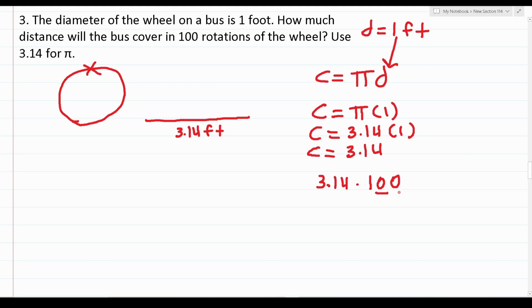Well, in 100, there are 2 zeros. So we're going to take 3.14, we're going to shift it 2 times to the right, and our decimal's right here. So this becomes 314. In other words, if this wheel on the bus that has a diameter of 1 foot is rotated 100 times, that means that the bus will have traveled a total distance of 314 feet.